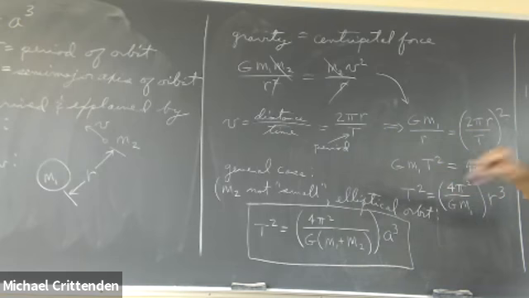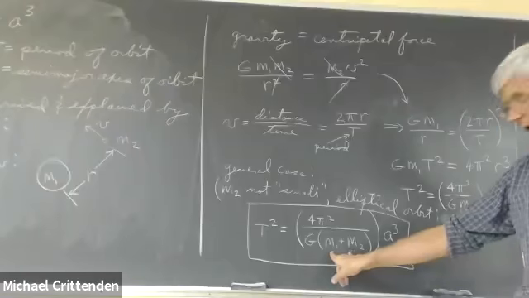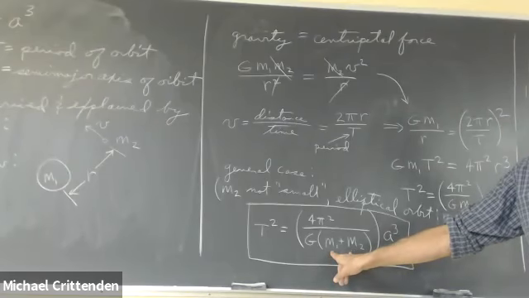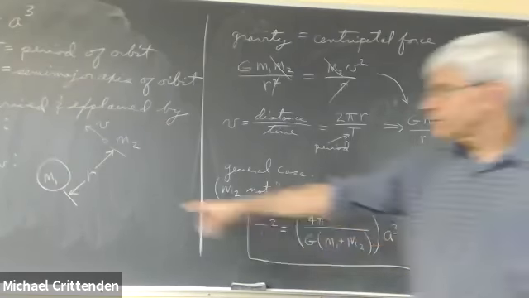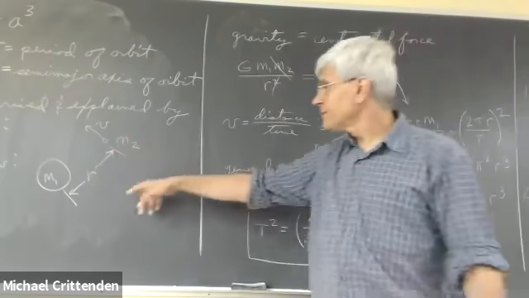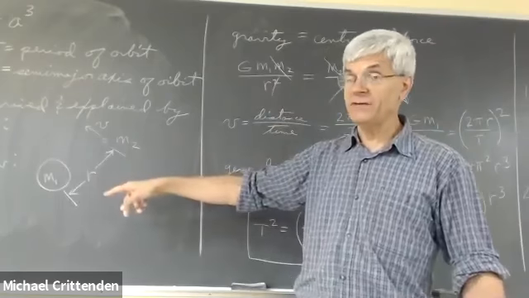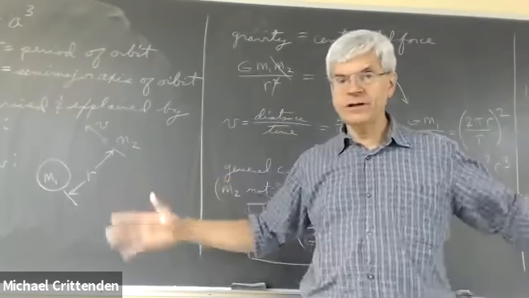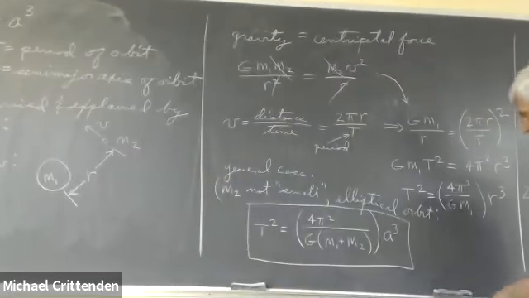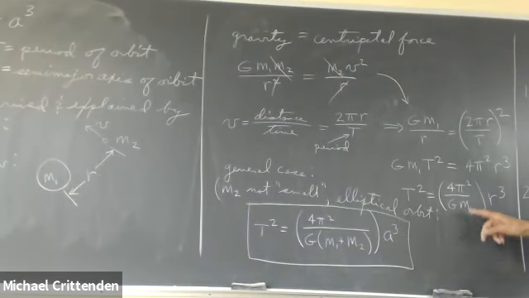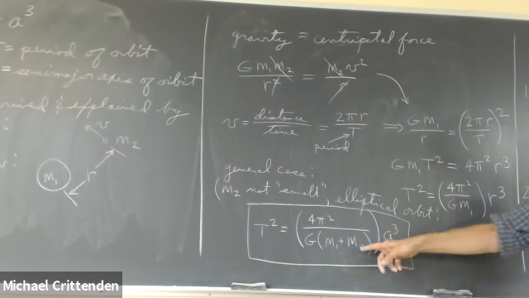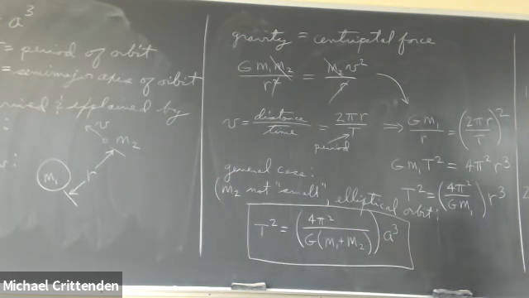And if you allow both masses to move around, where I had M1, you have the total mass of both of them, okay? If this is Jupiter and this is a paperclip, well, the mass of Jupiter plus the mass of a paperclip equals the mass of Jupiter, unless you're going to like 30 significant figures or something. So M1 plus M2 reduces down to M1 if M2 is very small. But in the more general case, it's the total mass.